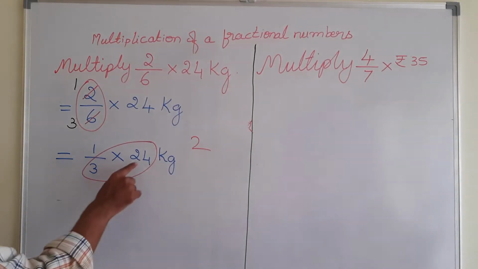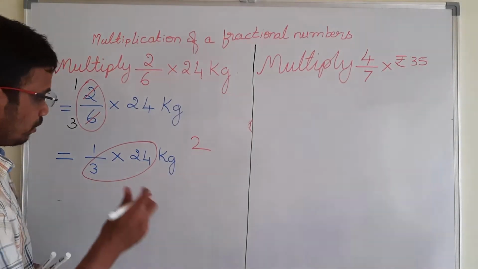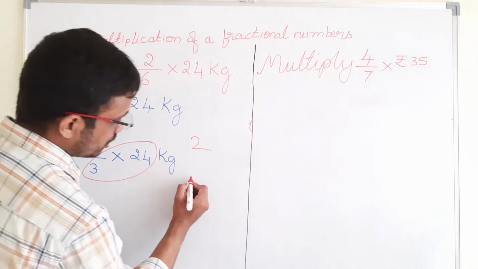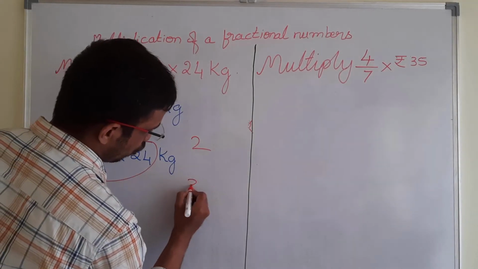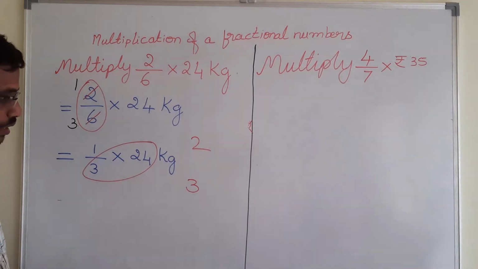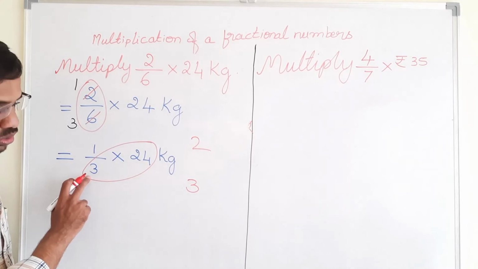After seeing this whole and denominator, we will say that this whole and denominator have a common factor 3, because this 3 divides 24 and this 3 also.